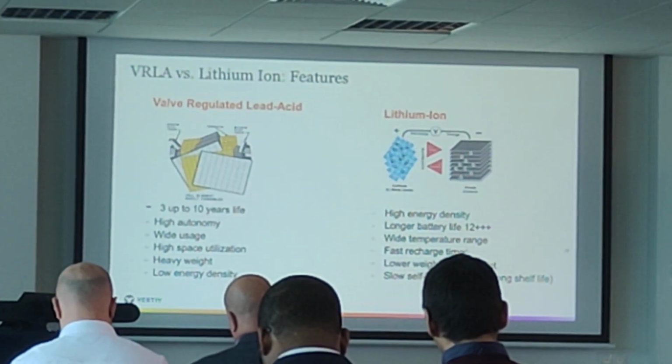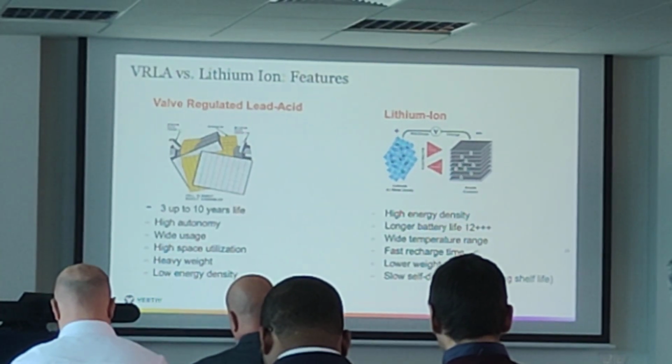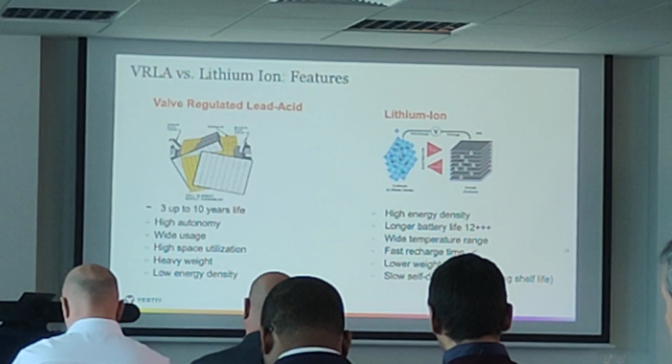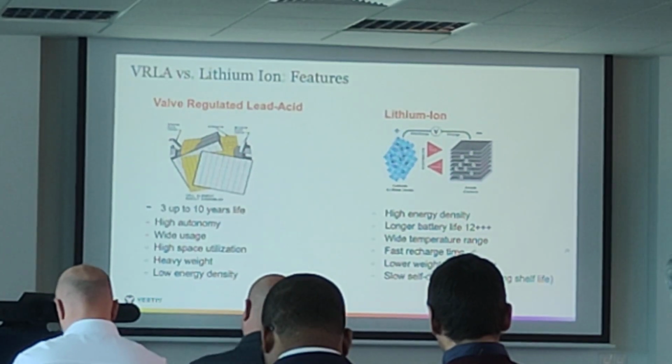Life is up to 10 years, but it's basically a number of cycles, up to 1,000 cycles. So if you disconnect the UPS once per day, it will take you no more than 2 or 3 years, right? But those are very accessible, very cheap.